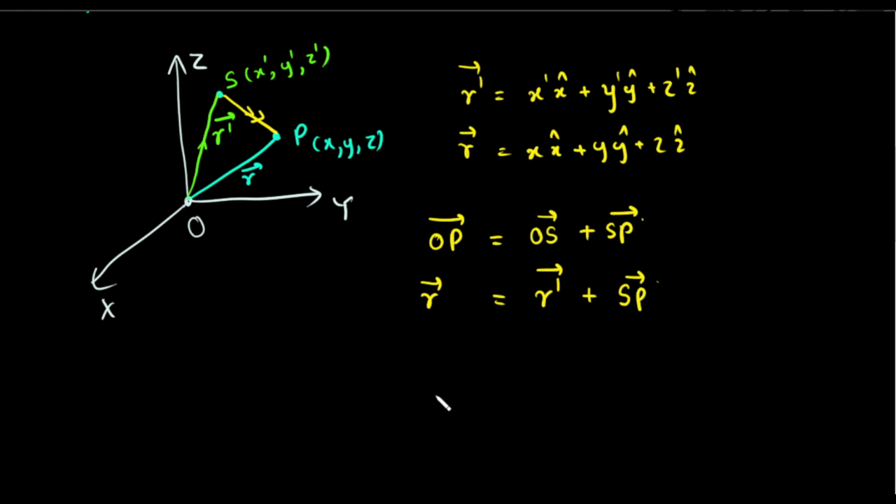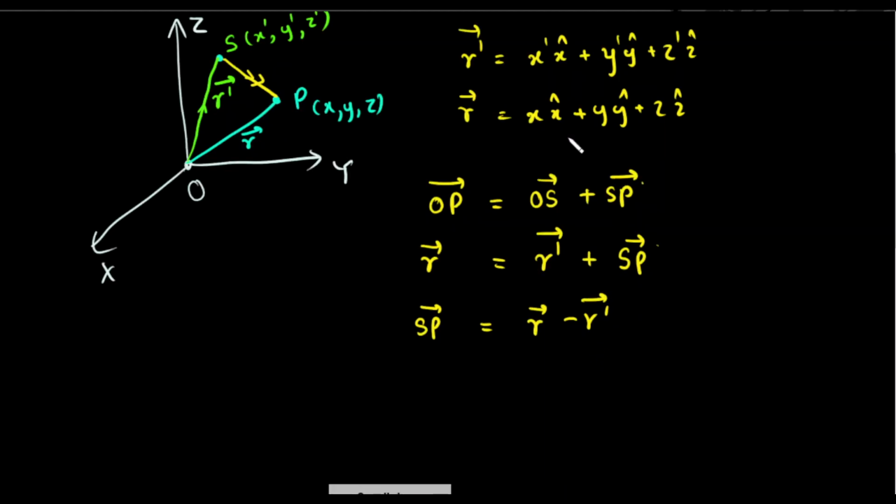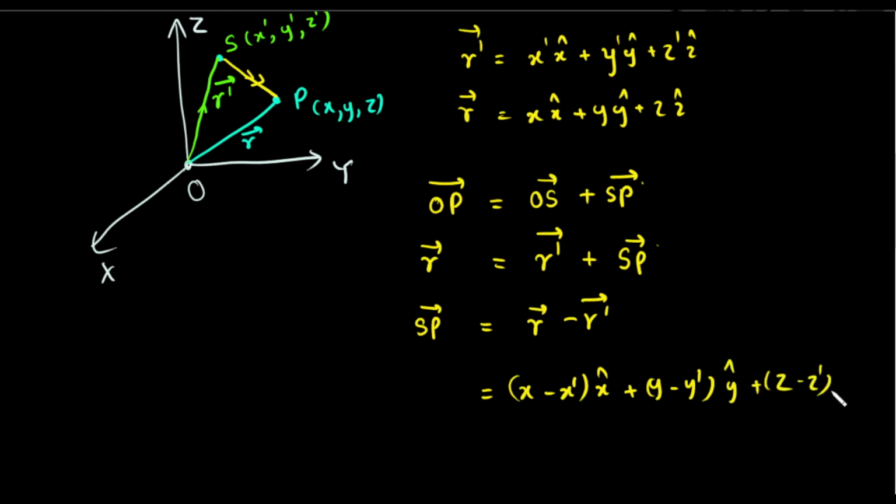You can find the SP vector by getting the difference between the R and r dash vectors. So we have (x minus x dash) x hat, (y minus y dash) y hat, and (z minus z dash) z hat. This is my separation vector.